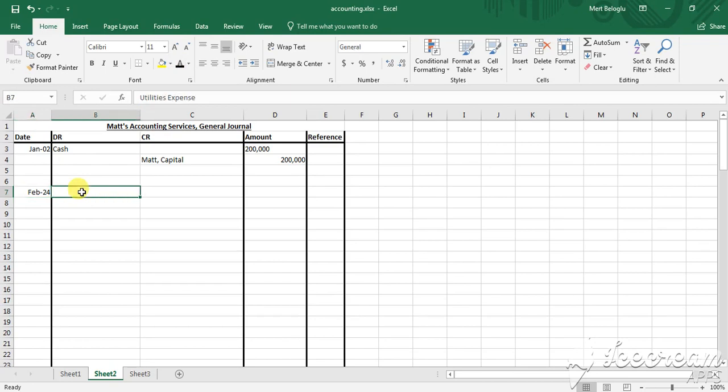And we can categorize electricity, water, heating, etc. as utilities expense under one title. So we debit to utilities expense, which shows an increase in expenses, and credit cash in the amount of 200.